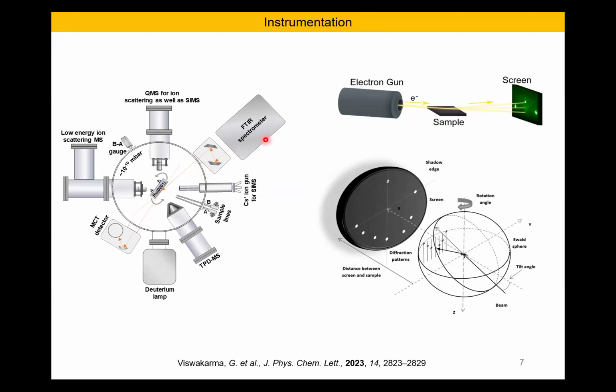You can see the FTIR spectrometer is here and the MCT detector is here. The equipment is equipped with other characterization tools like TPD, MS, and low energy ion scattering, but this study is confined to infrared spectroscopy. Another technique which we have used is reflection high energy electron diffraction.